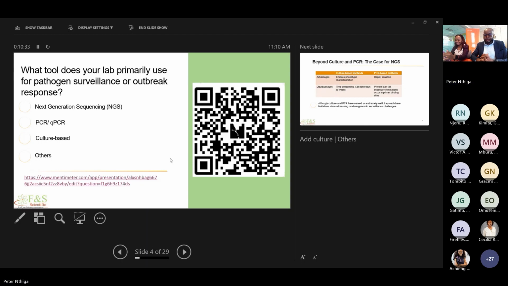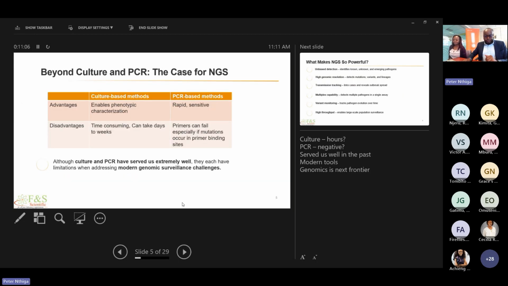Okay, I can see PCR, qPCR, NGS. Yeah, PCR seems to be taking the day. Okay, NGS, PCR, NGS, PCR. Okay, fantastic. We can proceed.